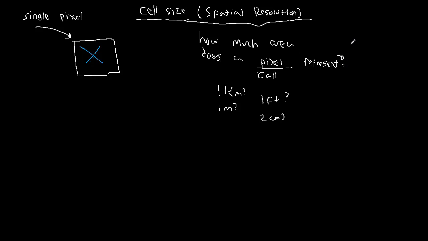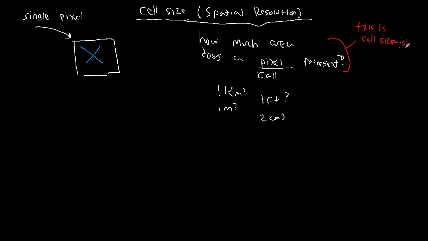Well, this question is addressed by the value known as cell size. Okay? So this question right here, how much area does a pixel represent, this is cell size. I'm going to put ish. Cell size ish.